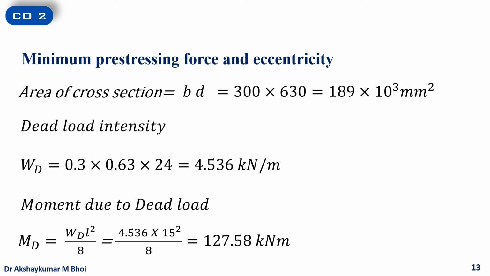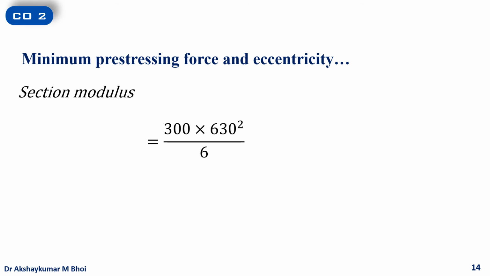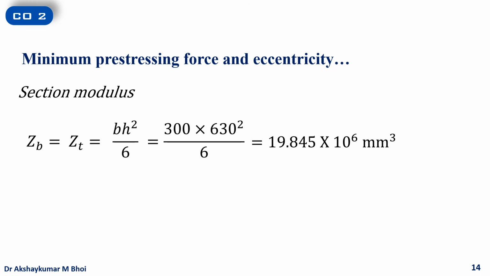And the moment due to dead load, if you put the value of H calculated, we get it as 127.58 kilonewton meter. For the minimum eccentricity and pre-stressing force, we also need the section modulus, which will be 19.845 into 10 raised to 6 mm cube.